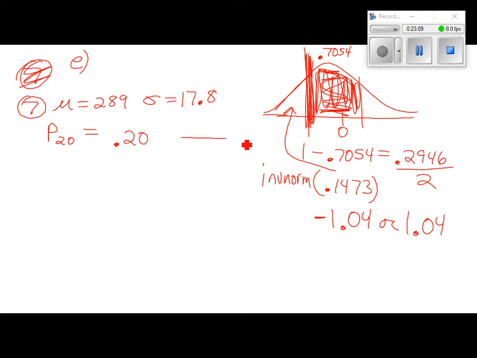We're not really going to use our Z-scores this time, but we're going to put that 289 right there. We want the 20th percentile. We want 20% of the people to wait less time than us. So that would probably be somewhere about in there.